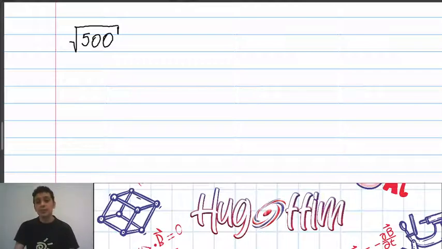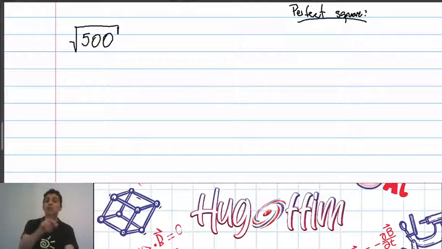The first option is that you find out that your number, your radicand, is the multiplication of 2 numbers. One that is a perfect square, and the other could be or couldn't be a perfect square. So you need to remember just the perfect squares. The perfect squares are all the numbers whose root is an integer.